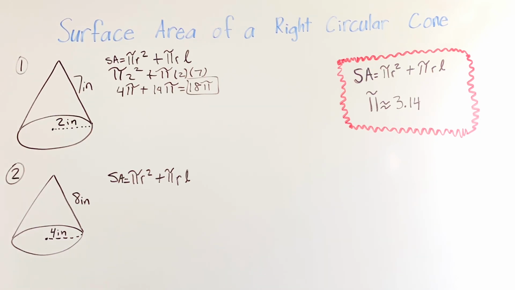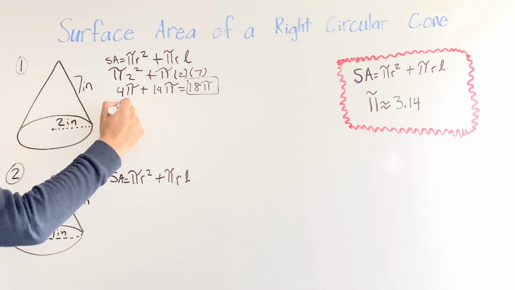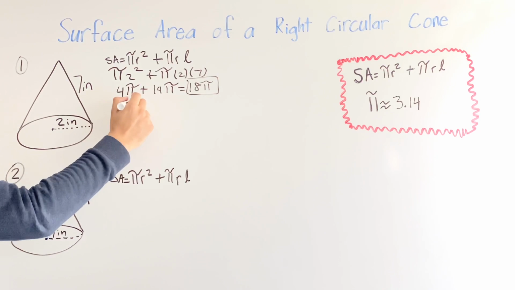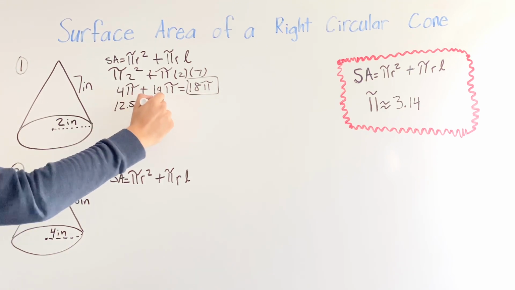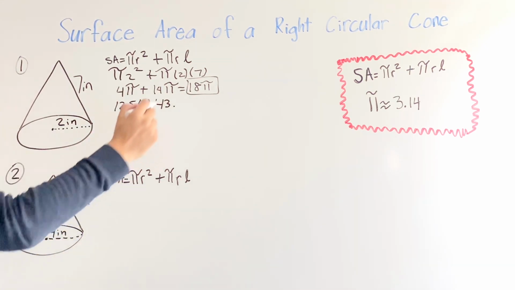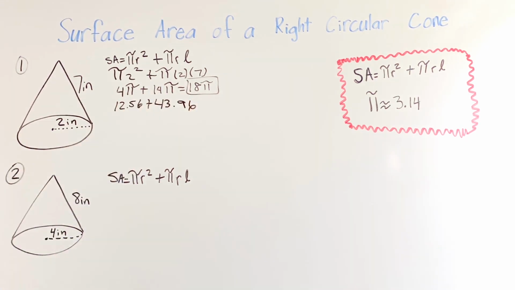and some of your teachers will tell you to go ahead and solve it. When you solve it, we're going to use pi as 3.14. So when we multiply 4 times pi, we're going to get 12.56 plus, when we multiply 14 times pi, we're going to get 43.96.